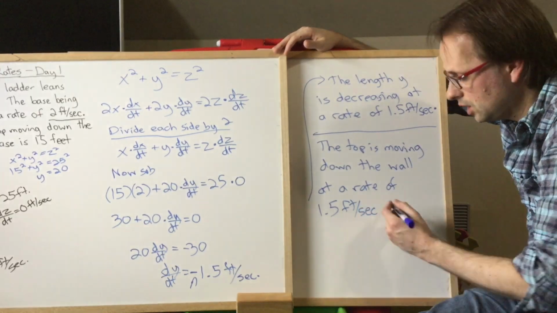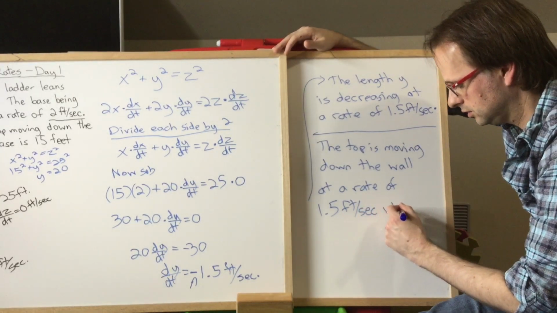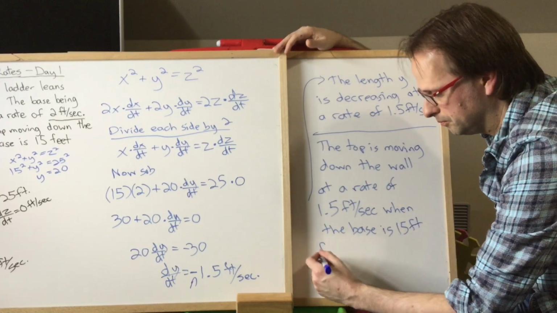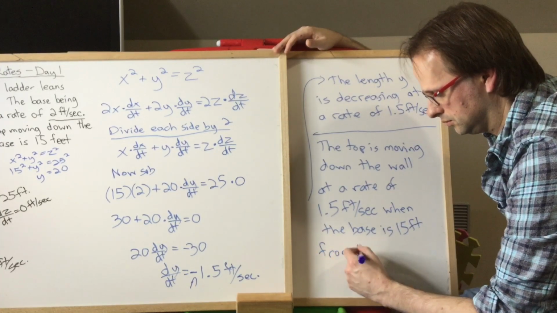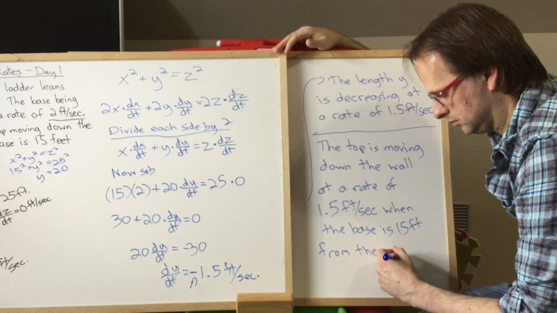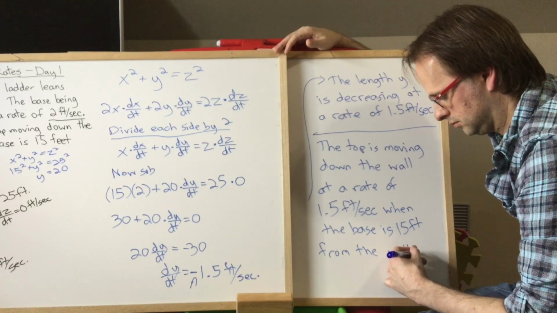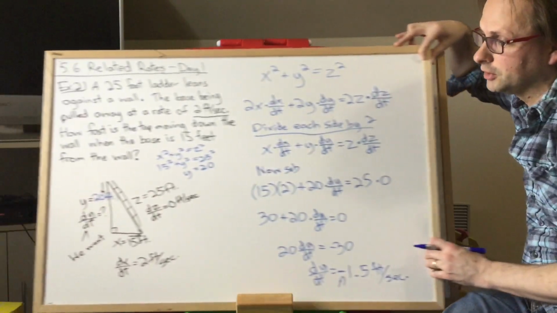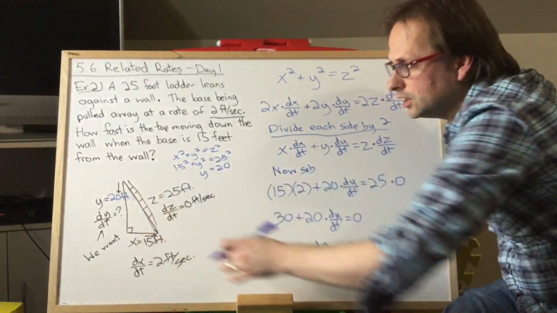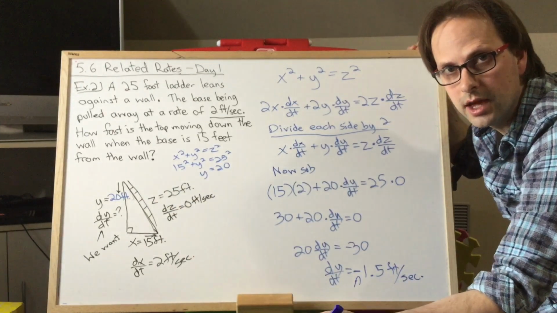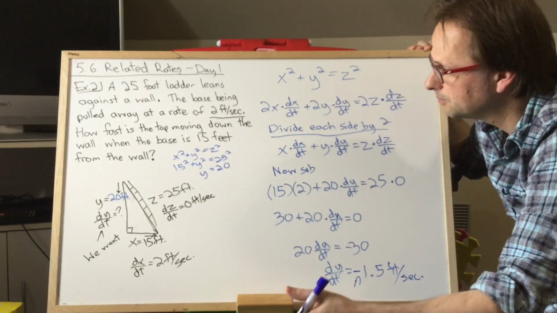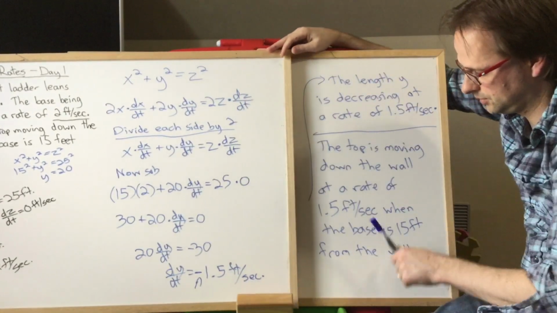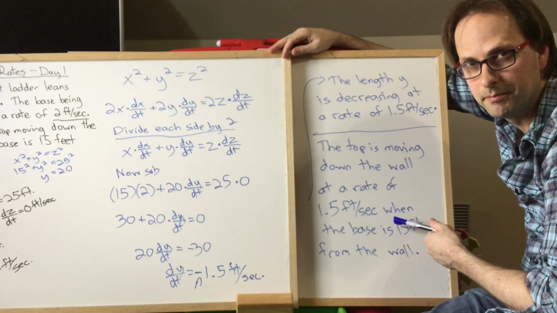And that's true when the base is 15 feet from the wall. All this stuff is in flux. So if these quantities change, if the rates change, then that's going to affect dy by dt. But for this instance, this is the correct answer.